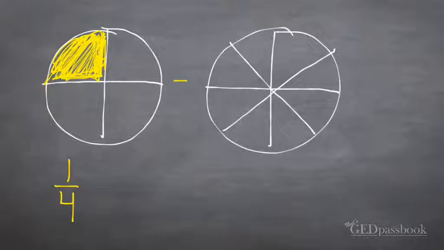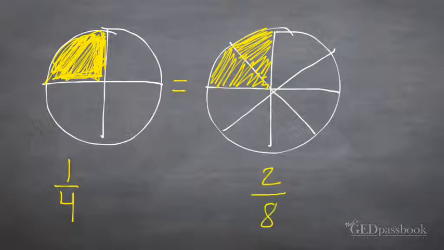Over here, if we were to take 2 slices, what's my fraction on this one? 2/8. So these are different numbers from what it looks like, right? We have a 1 here, we have a 2 there. We have a 4 here, we have an 8 there.